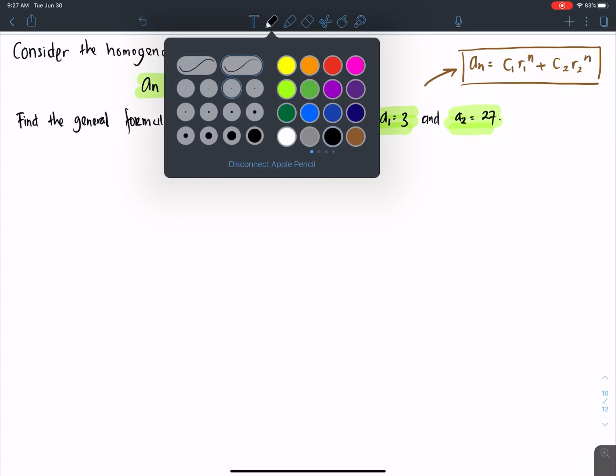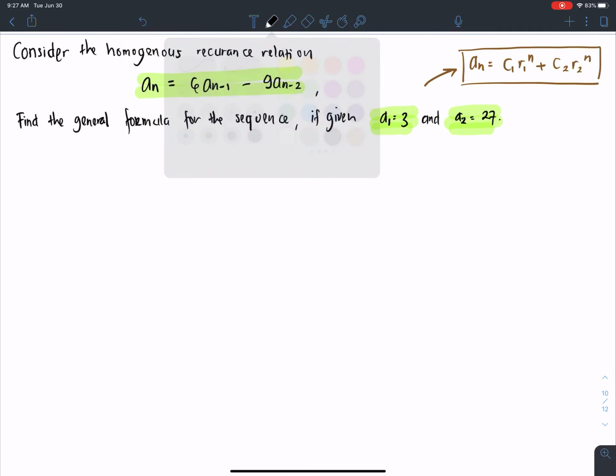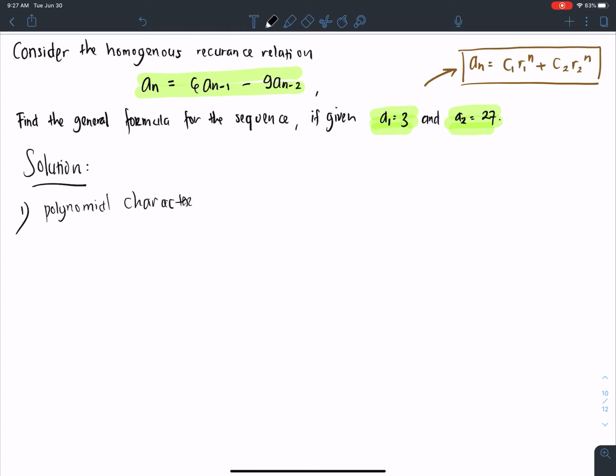Okay, so the first step that we need to do is to get the characteristic polynomial. Once we get it, then we can find the roots of the polynomial.